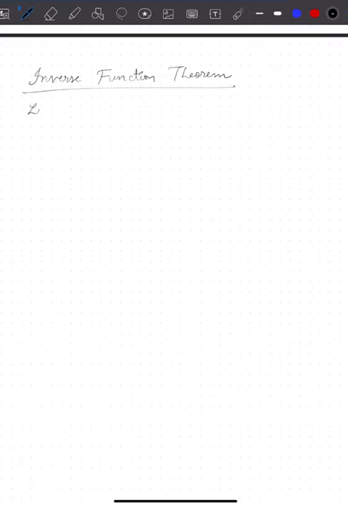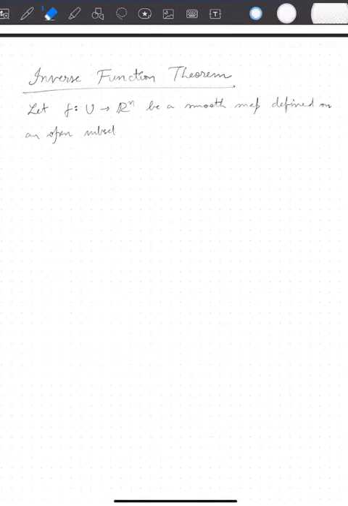It says that let f be a smooth map defined on an open subset U of R^n, and n is greater than or equal to 1.